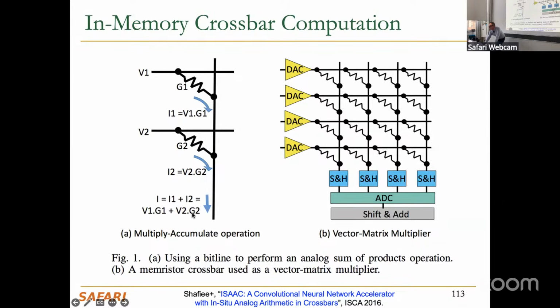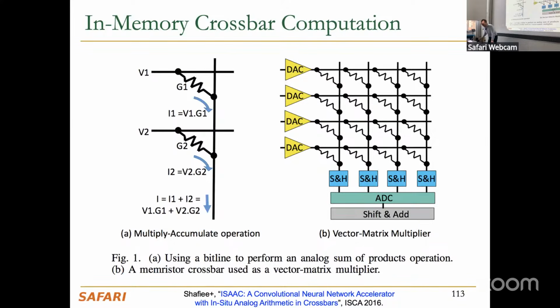Now, this is nice because what you're doing is really a dot product, right? The inputs are V1 and V2 and G1 and G2, right? You're really taking the dot product of these two vectors, V1 and V2 and G1 and G2. Okay, that sounds good.